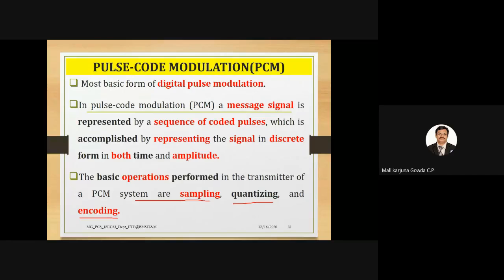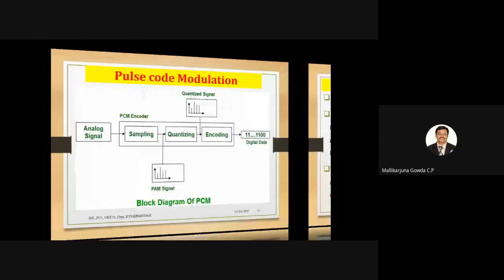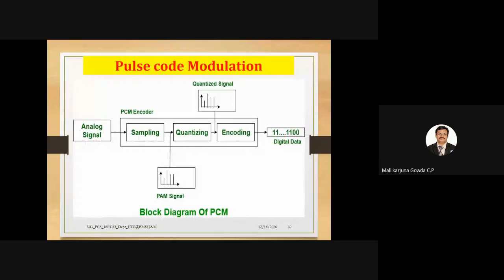In PCM, a message signal is represented by a sequence of coded pulses, achieved by representing the signal in discrete form in both time and amplitude. Same thing I describe in the form of a block diagram.